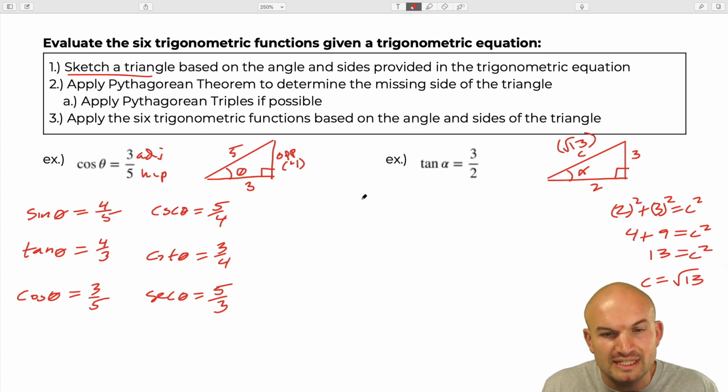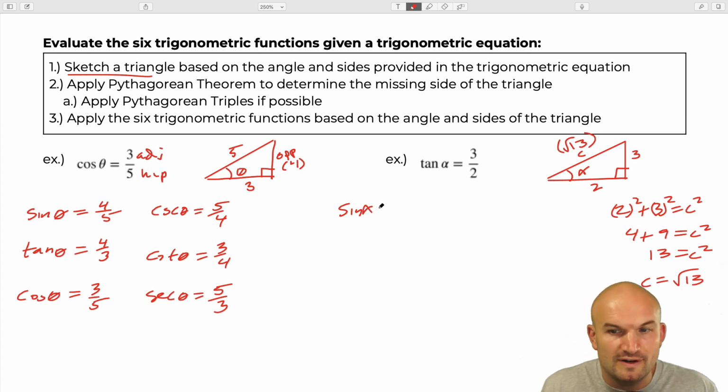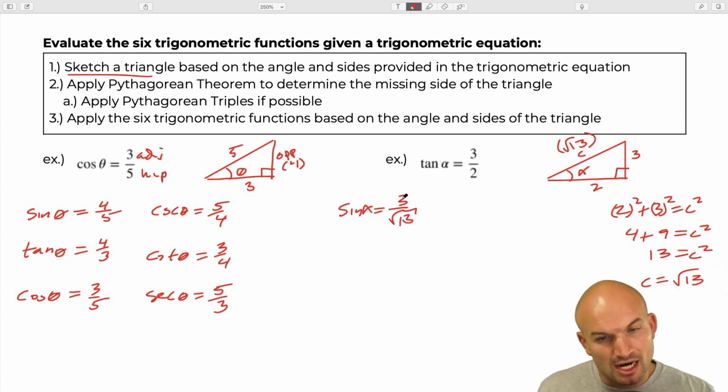So when we go through the sine now, I'll say the sine of alpha, sorry, not theta. Sine of alpha is going to be 3 over the square root of 13. Now, a lot of times for our trigonometric functions, we are going to simplify this by rationalizing the denominator. We don't want to be dividing by a square root.